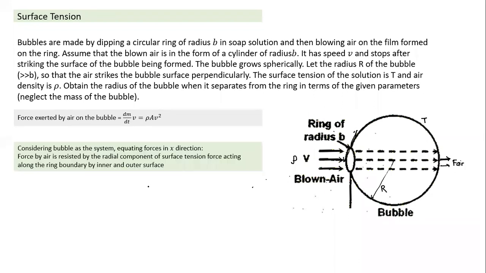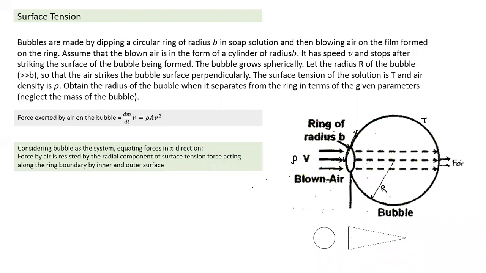Let's see that one. Considering the bubble as a system, equating forces in the x direction, the force by air is resisted by the radial component of the surface tension force acting along the ring boundary, by the inner and outer surface. It is acting on both surfaces here also. It's a bubble here. So if I look sideways, this is the ring here.